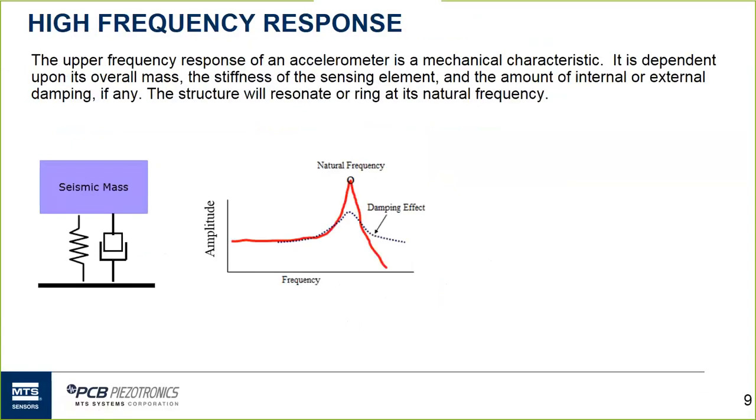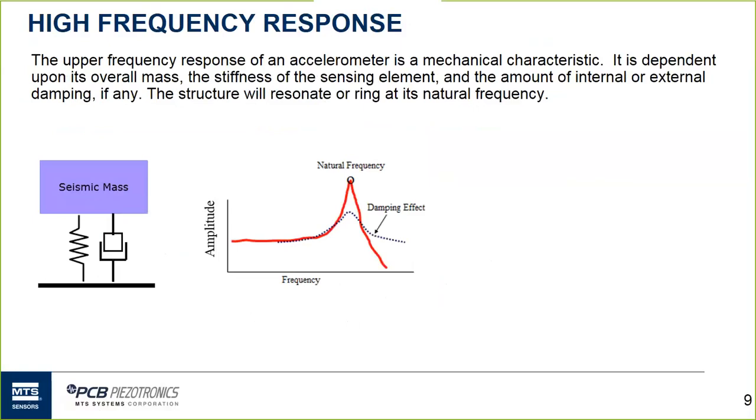So let's take a look at characteristics of accelerometers and how they're derived. Upper frequency response of an accelerometer is typically a result of the mechanical characteristics of the accelerometer as it relates to its overall mass, stiffness, and then overall its resonant frequency or ringing frequency.